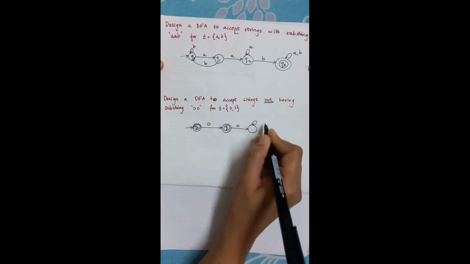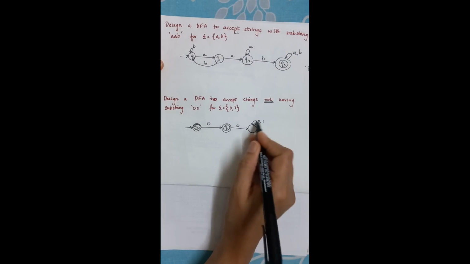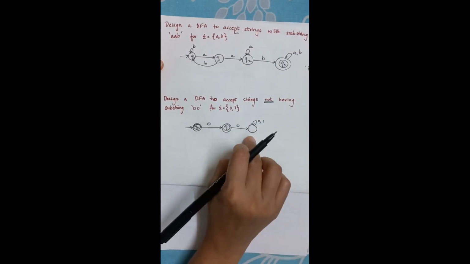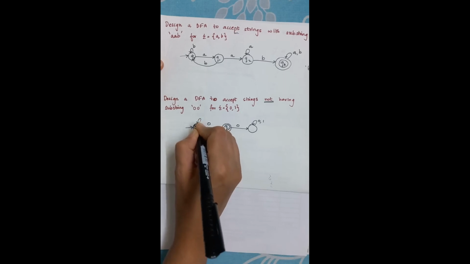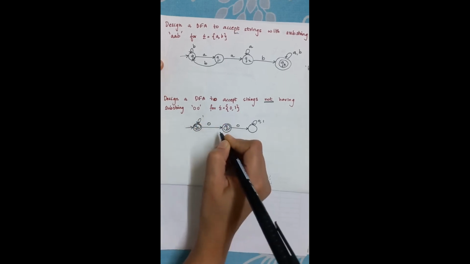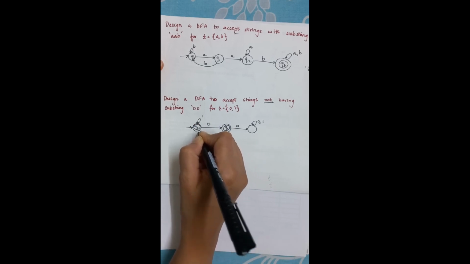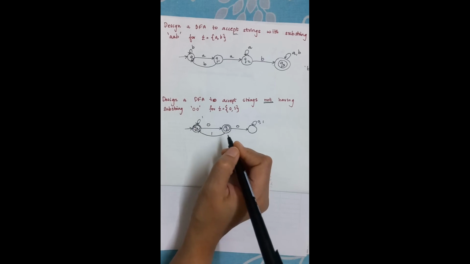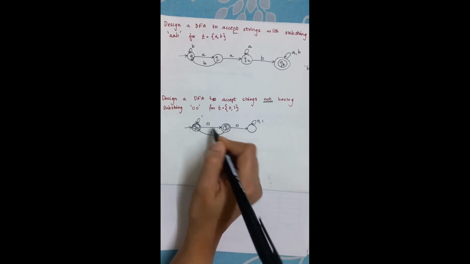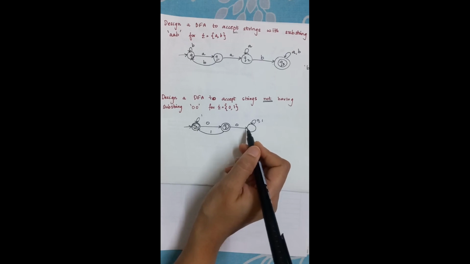So if there is 0, 0, further if there are any zeros and ones, it will continue to be in that state and it will never help me reach the final state. And with this, here if there are any ones, then it can continue to be on the first state, post which I will check if there are any 0, 0.